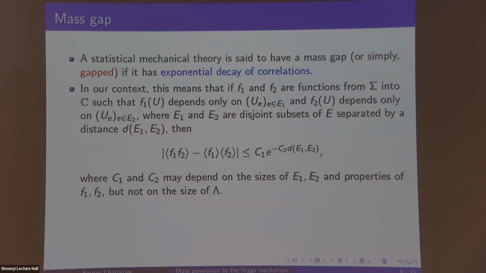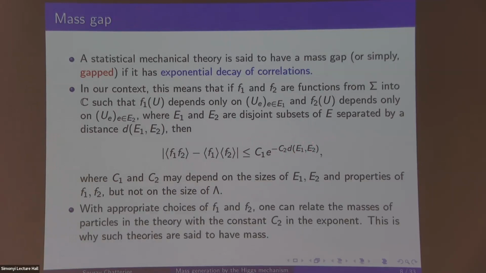You can take this as a graph distance or maybe even Euclidean distance. Then the expectation of the product minus the product of the expectations should be bounded by something decaying exponentially in the distance between the sets. That's exponential decay of correlations, and you can take that as a definition of mass gap, when I say the theory is massive or gapped.